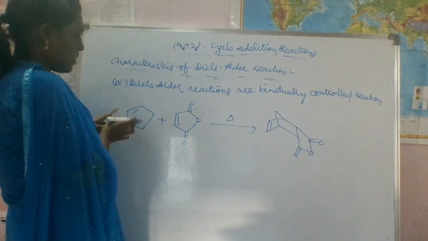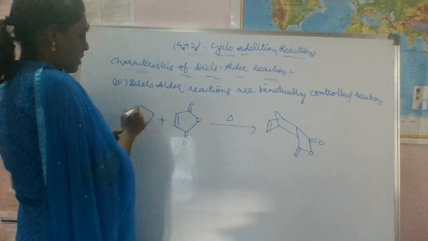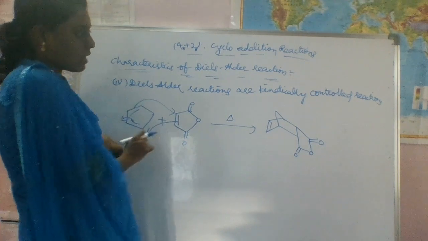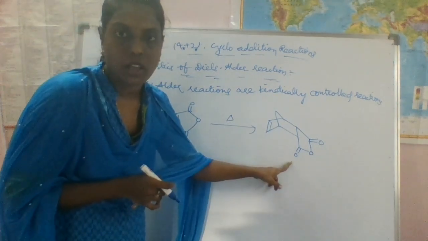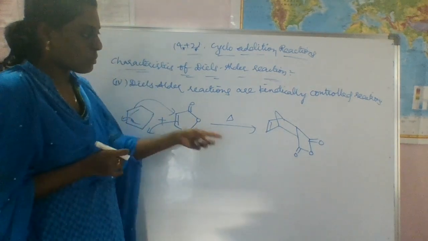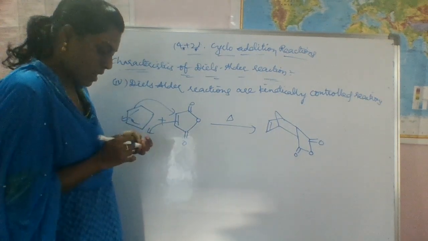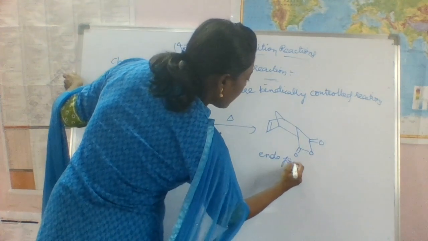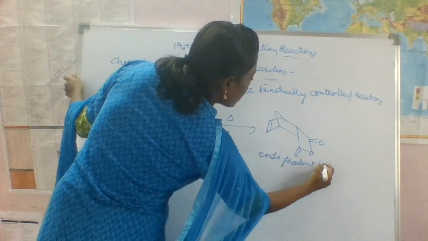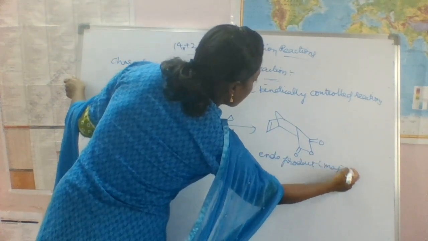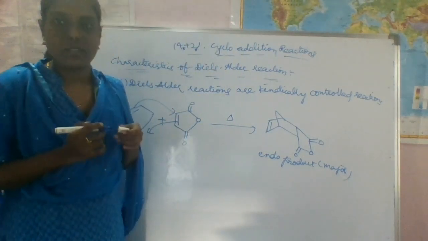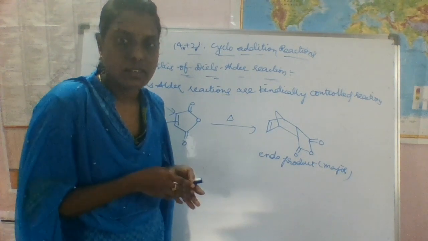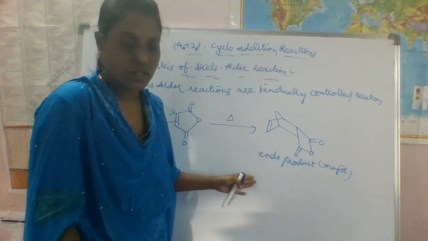So we have to shift the electron pair, and it will interact with this carbon, and this will interact and form this structure. This is the endo product, and it will give the endo product as the major one. It will give the exo in a very minute amount, 1% or 2%. So this is the major product for this one.